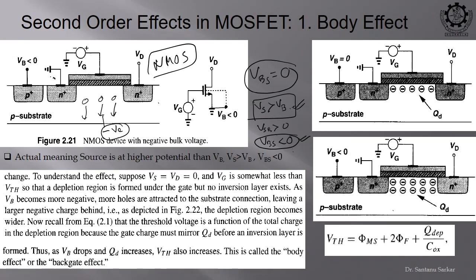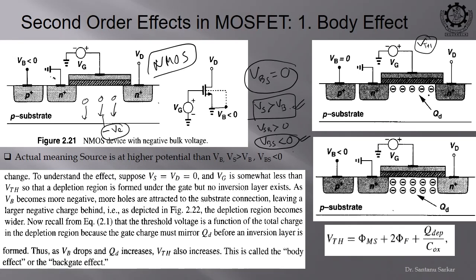So, first condition, suppose you do not have Vb less than 0, you are starting with the initial condition Vb equal to 0, V source equal to 0. To invert the channel you need to provide a certain potential of Vth, right. First step, if you recall, I provide a positive gate voltage, it will repel the holes.